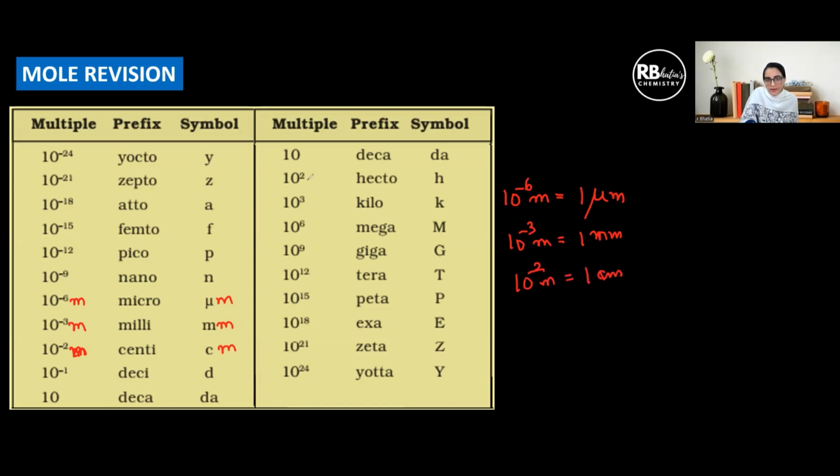Okay. Similarly, I put here a meter and here a meter. That means 10 to the power 2 meter is equal to 1 hectometer. If I put a meter here and here, it means 10 to the power 3 meter is equal to 1 kilometer.